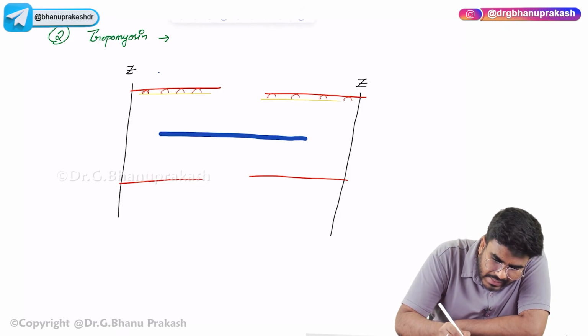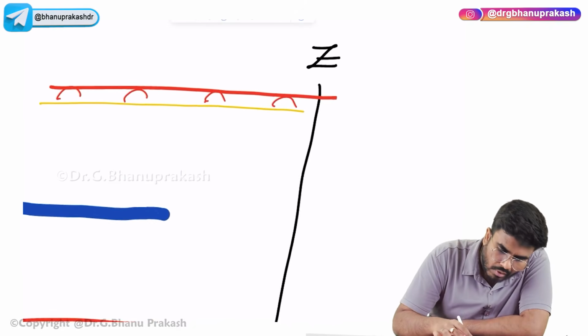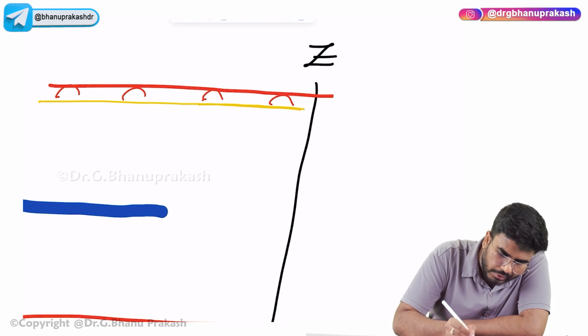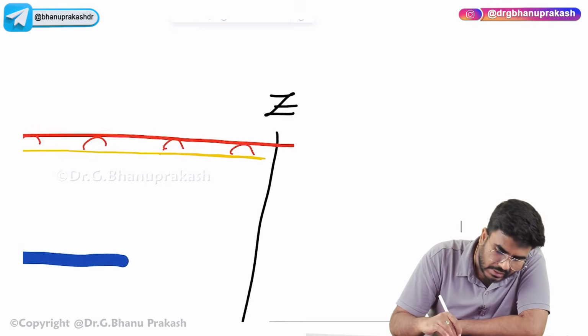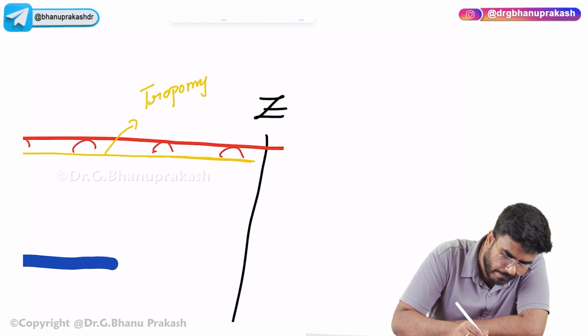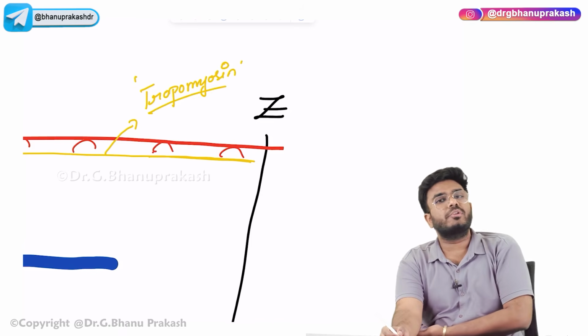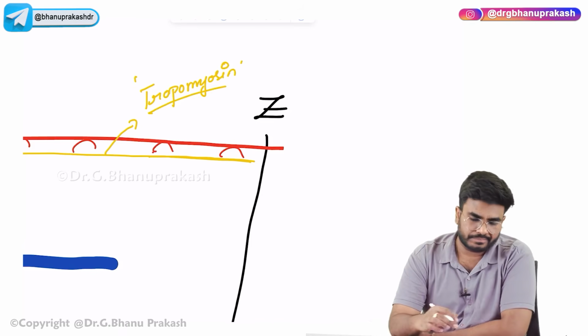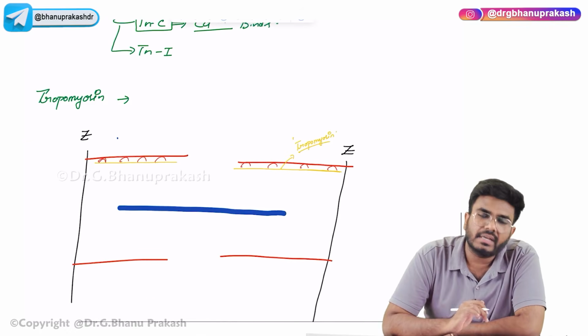Who is covering them? This yellow color molecule is covering the active sites, and it is called tropomyosin. So tropomyosin covers active sites on actin.